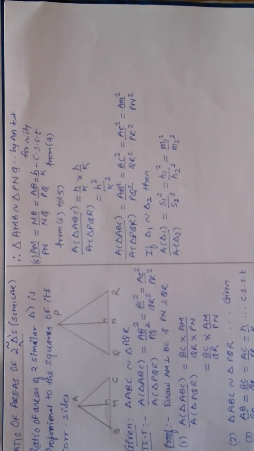Okay, so you can prove this median part. I hope you will be able to do it. I want you to do it. I will just define a median first. A median is a segment drawn from a vertex of the triangle up to the midpoint of the opposite side.